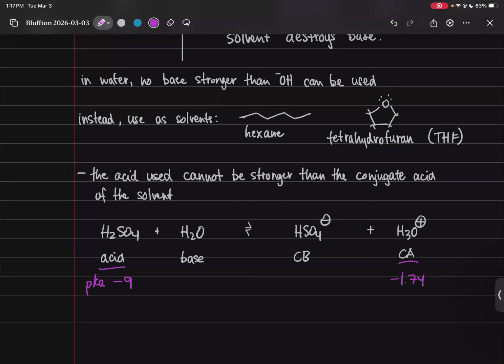Okay, don't let the negatives mess you up. The equilibrium is going to lie on the side with the weaker acid. The weaker acid has a higher pKa, and so the weaker acid is H3O plus. Okay, so the equilibrium lies over there.